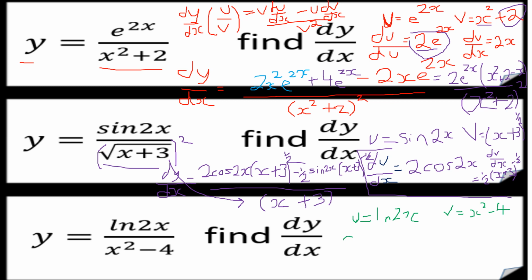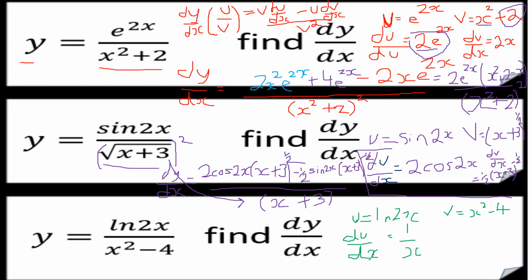So du by dx: differentiating natural log 2x goes to just 1 over x. When you simplify that, it goes to 2 over 2x, which simplifies to just 1 over x.